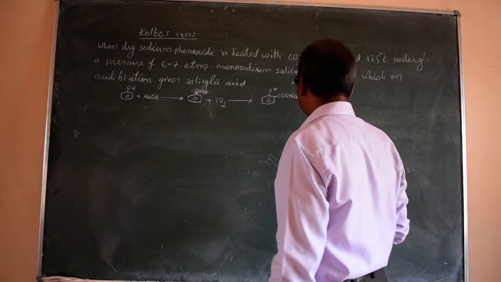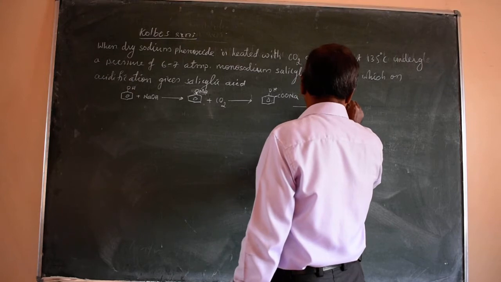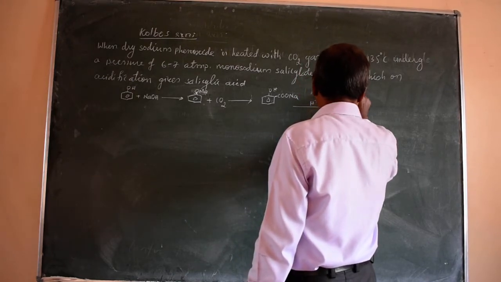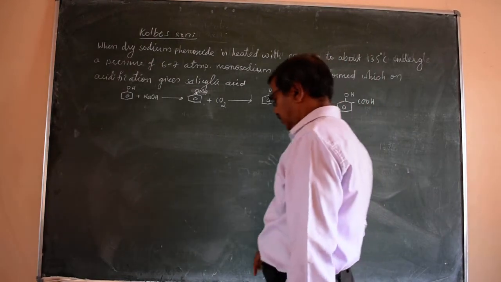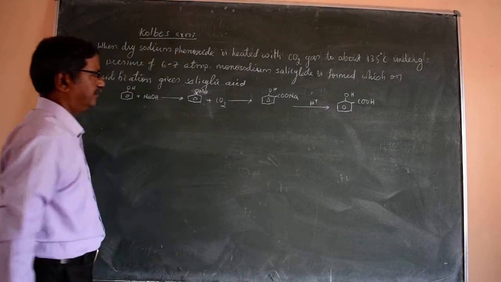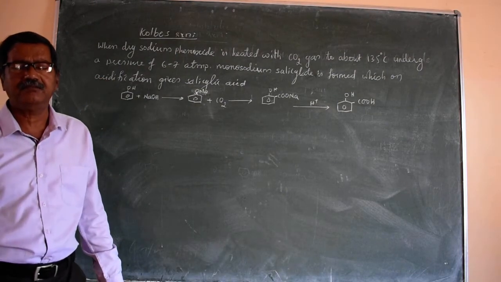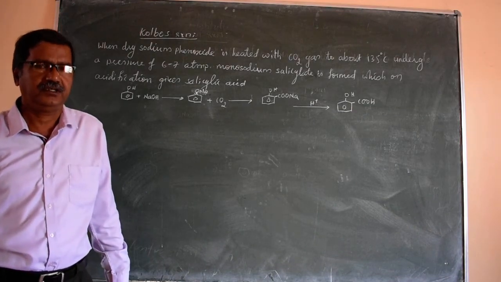Monosodium salicylate on acidification will give salicylic acid, or ortho-hydroxybenzoic acid. So this reaction is also important. Both Kolbe's reaction and the Reimer-Tiemann reaction are important.